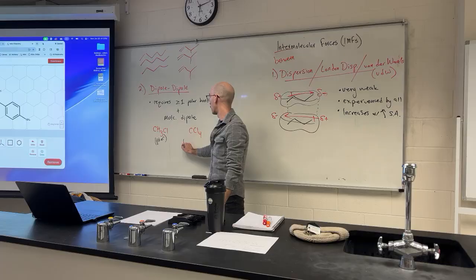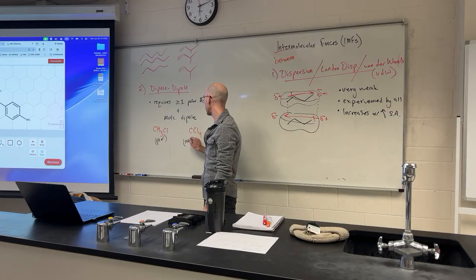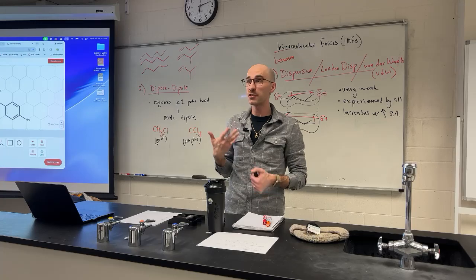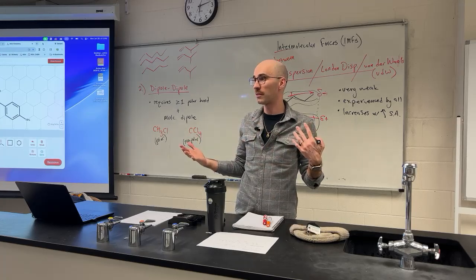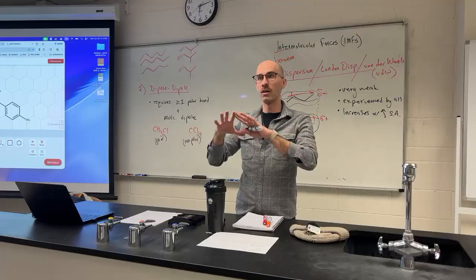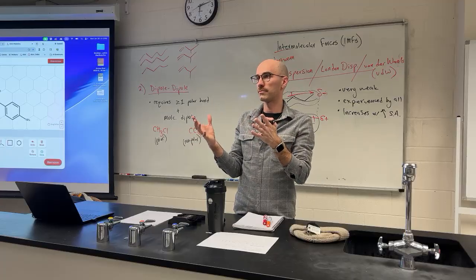The molecule on the right is a nonpolar molecule because all four of those chlorines symmetrically pull electrons away from the carbon. So the molecule at large has no dipole.